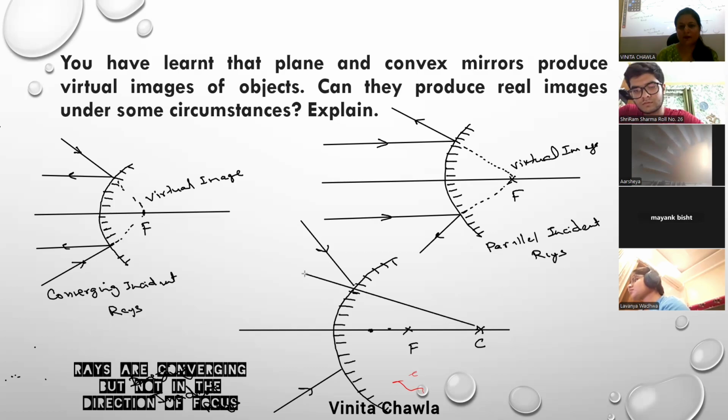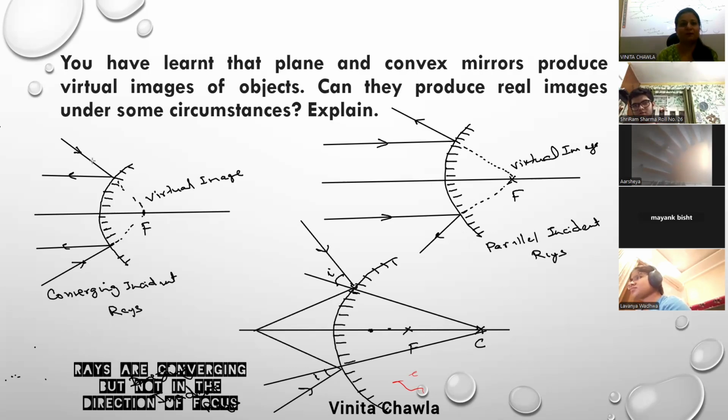It passes through the center of curvature. So this angle is angle of incidence and this angle is also angle of incidence. Now we can draw angle of reflection. This is the angle of reflection. In this case, rays are meeting in front of the mirror.